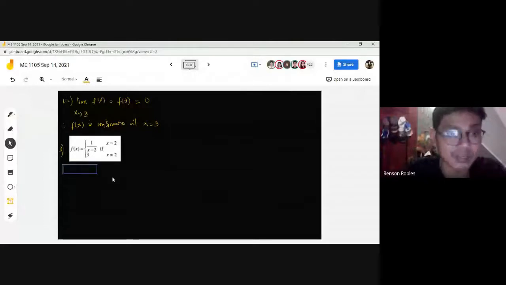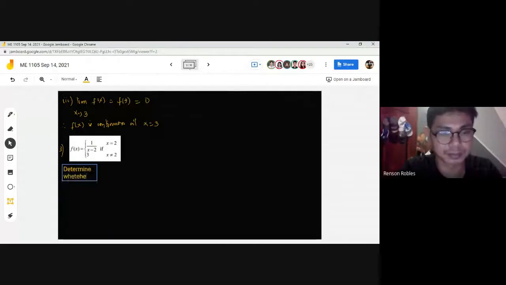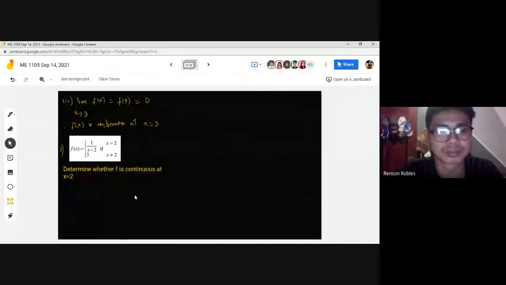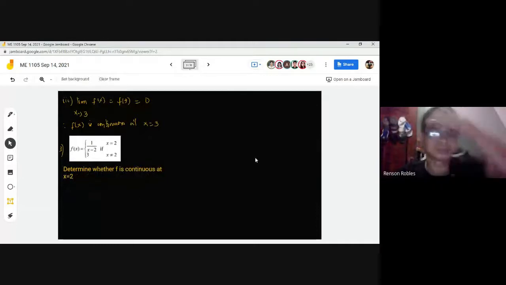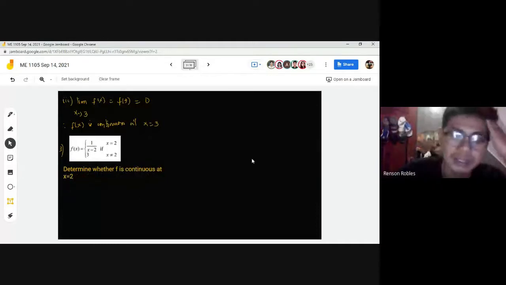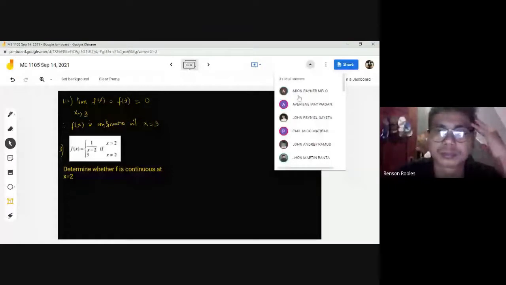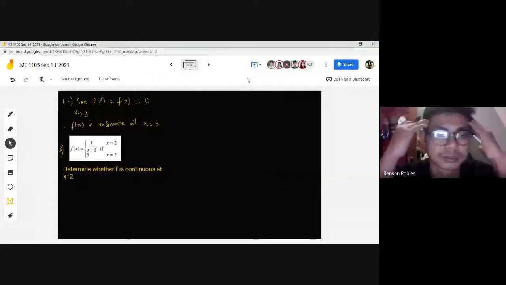Is it easy to write using your device? Is continuous at x equals 2. All right. Can I see someone writing? You can write here. Go on. Part 1, f of 2.